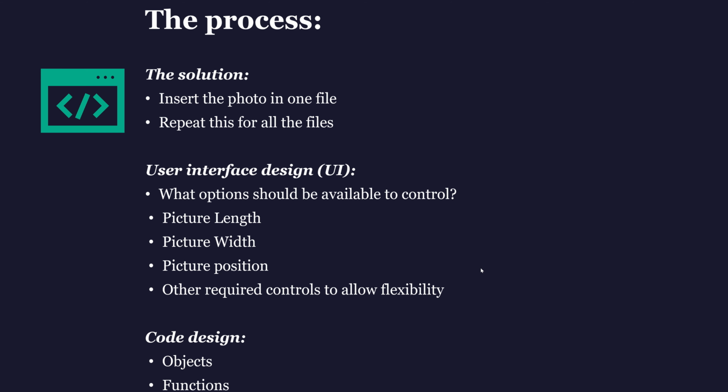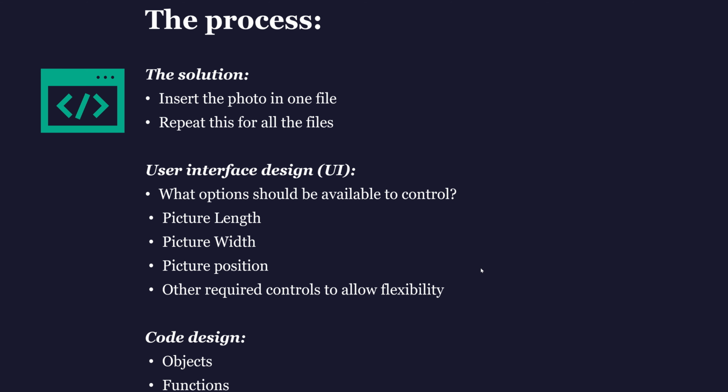And we have a user interface: what options should be available to the user to control? The first one, for example, is the picture length, picture width, and the position. We want this, for example, in the middle of the header, on the right, on the left, and so on.